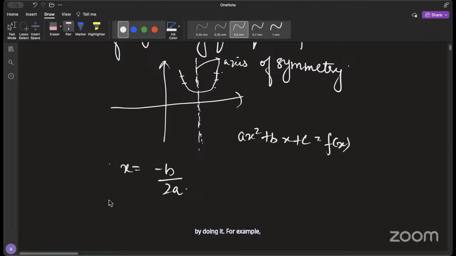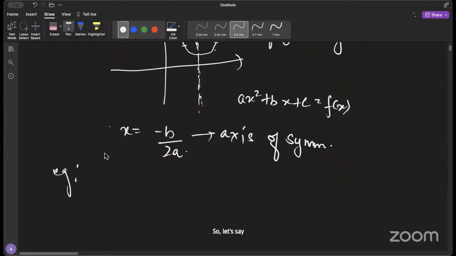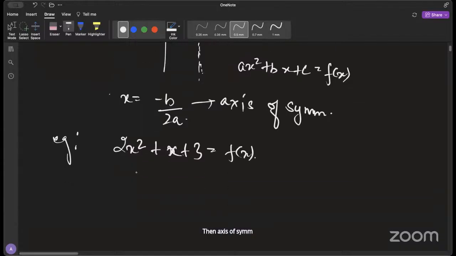For example, let's say you have 2x squared plus x plus 3. If this is your quadratic function, then the axis of symmetry is x equals minus b by 2a. Here b is 1, so minus b is minus 1, and a is 2, so 2 times 2 is 4, and you'll have minus 1 by 4. That's your axis of symmetry, minus 1 by 4.